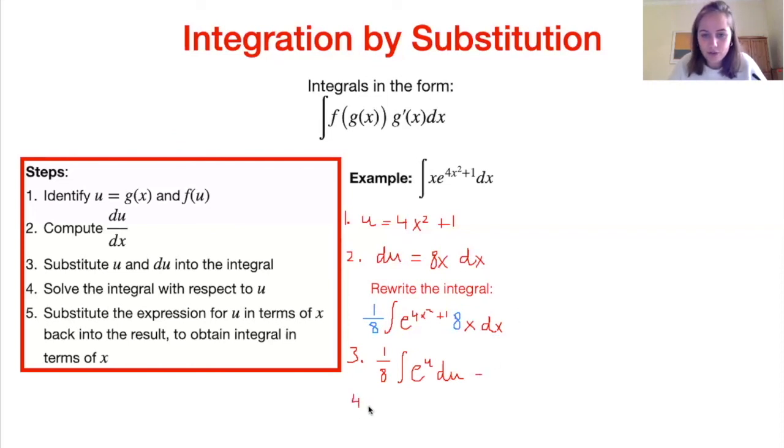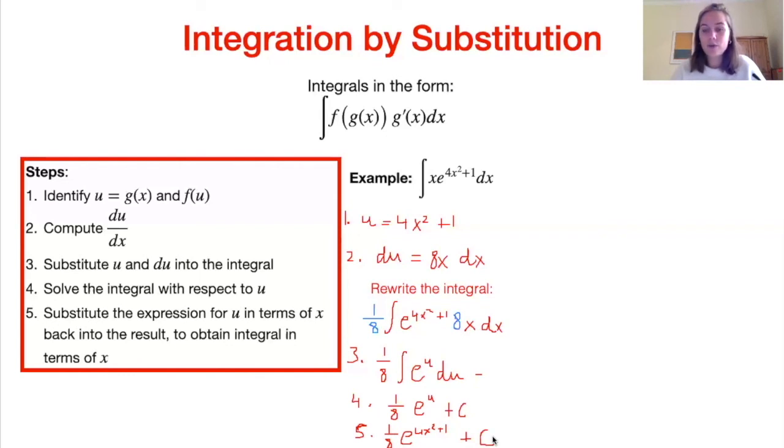So if we solve this integral, this is going to be equal to 1 over 8 e to the u plus c. So therefore, step 5, plugging in the function u, we're going to get this is equal to 1 over 8 times e to the power of 4x squared plus 1 plus c.